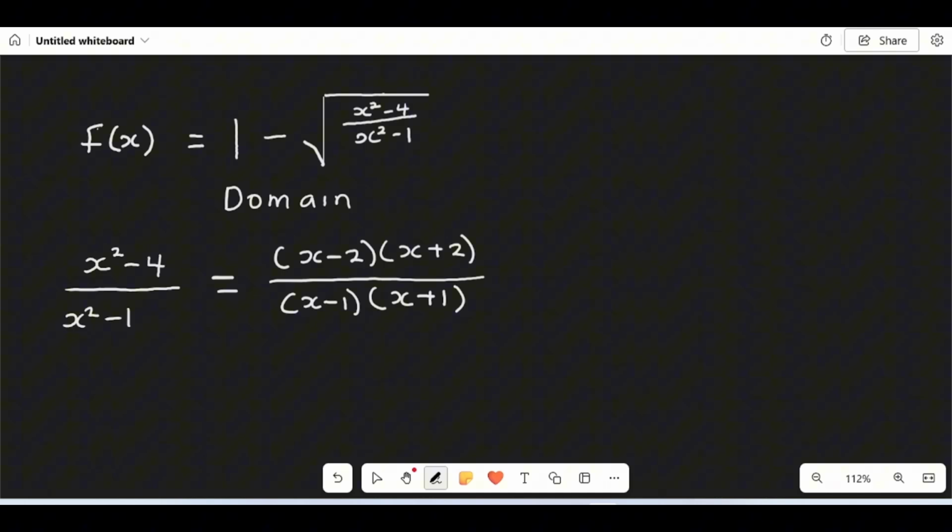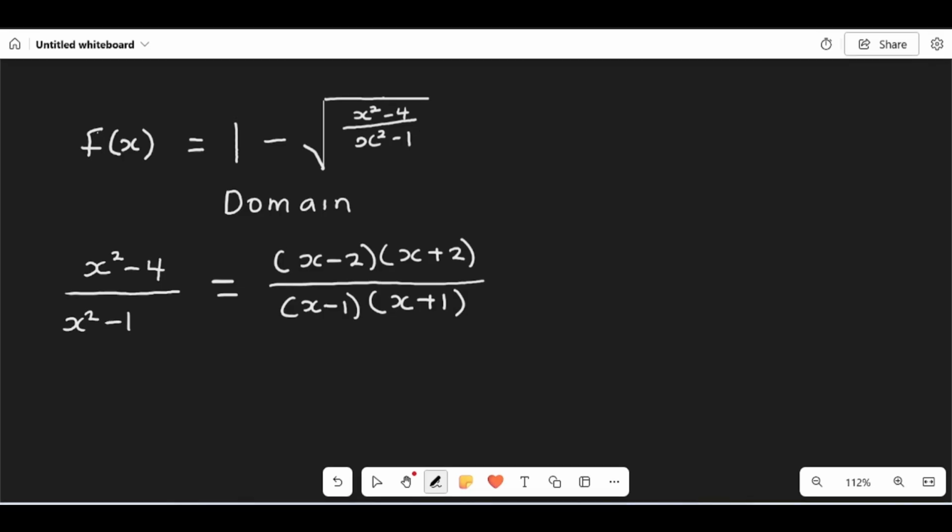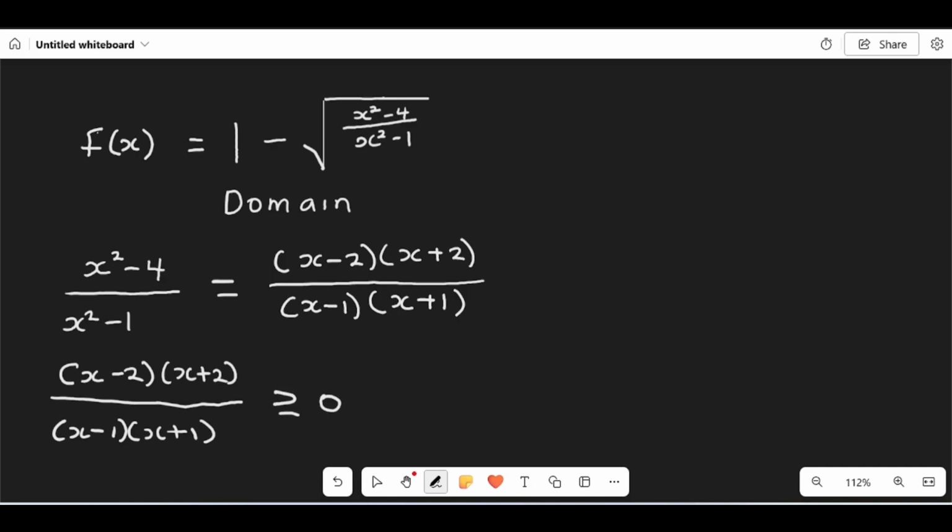Set the expression inside the square root greater than or equal to 0. Our (x minus 2)(x plus 2) all over (x minus 1)(x plus 1) is greater than or equal to 0.